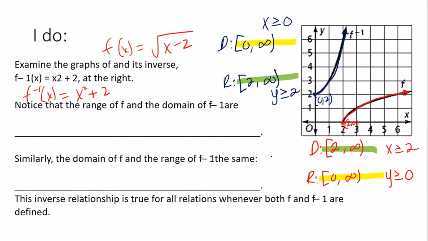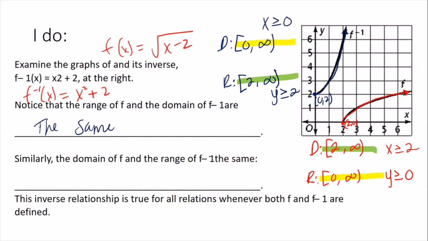Okay, does that feel familiar? No one feels like that's brand new, right? All right, so now let's pay attention. Let's notice that the range of our function and the domain of our inverse function are what? The same, right? They're the same.